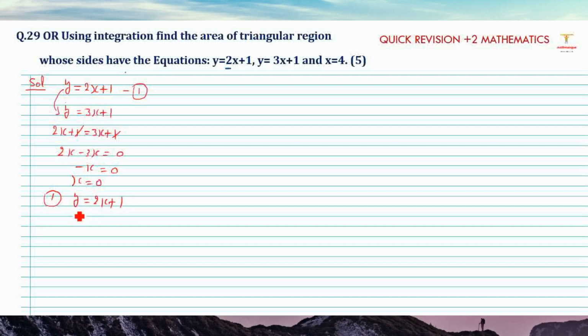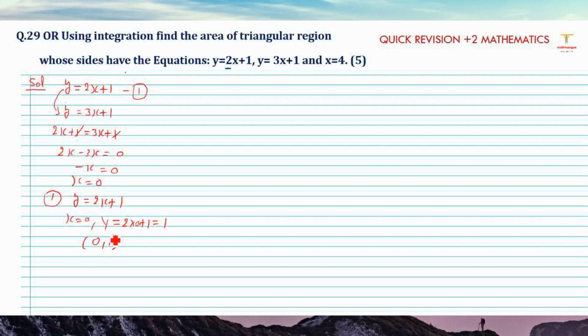If I put the value of x as 0 here, then you will notice if x is equal to 0, then y is equal to 2 into 0 plus 1. So y comes out to be 1. So the first point here is (0, 1), through which this line is passing.